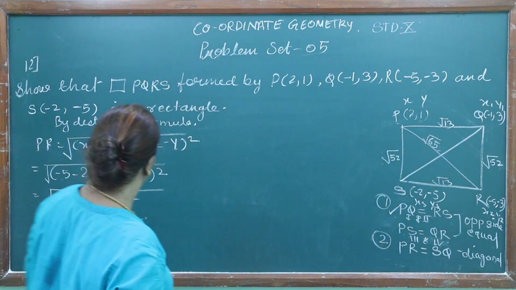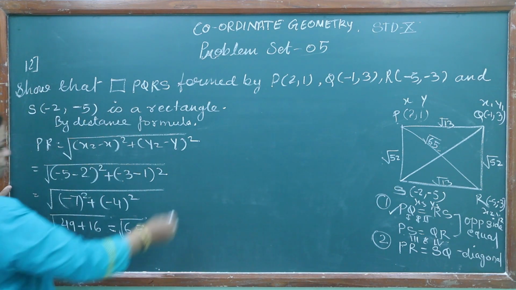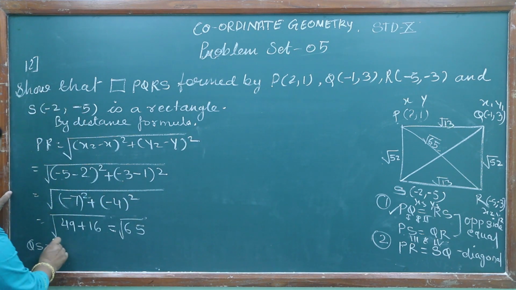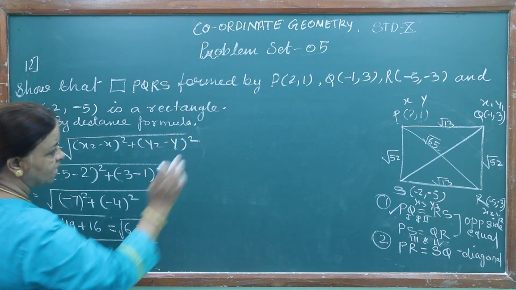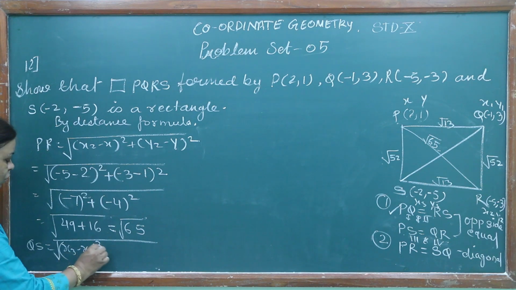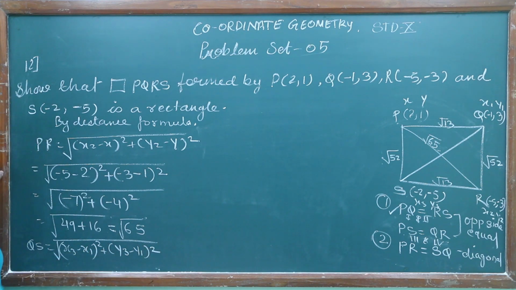Let us find the QS. So QS is equal to under the root x3 minus x1 the whole square plus y3 minus y1 the whole square.